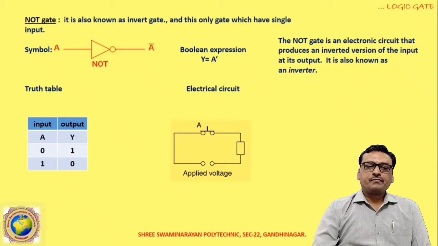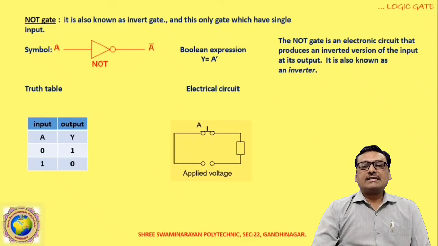Here A is the switch, which has two possibilities, on and off. The off condition is called 0, and the on condition is 1. When the switch is closed and voltage is applied, the bulb will be on. When the input is 0, the output is 1, and when the input is 1, the output is 0. This is the electrical circuit corresponding to the NOT gate.